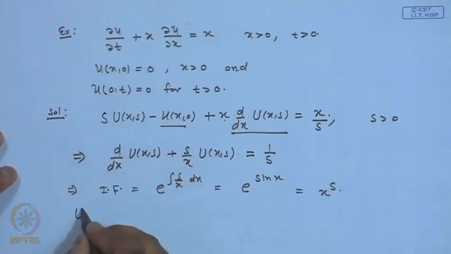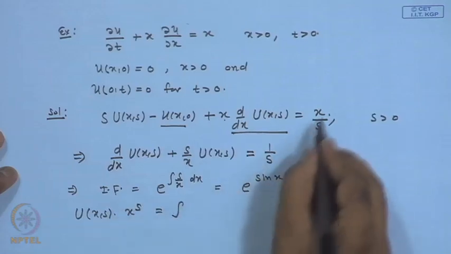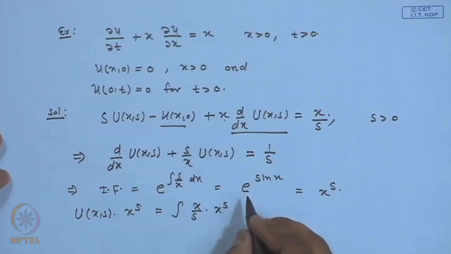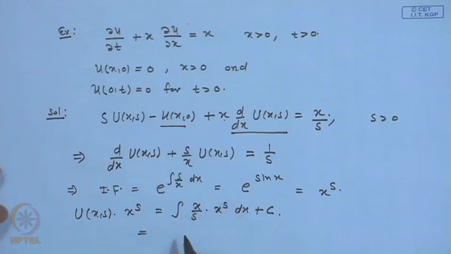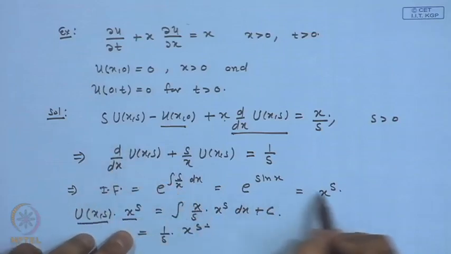And the solution u(x,s) would be the integral of x to the power s and so on. Sorry. So, here we have u(x,s) multiplied by this integrating factor.